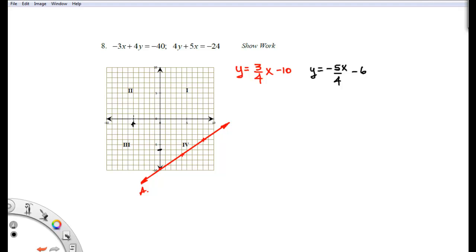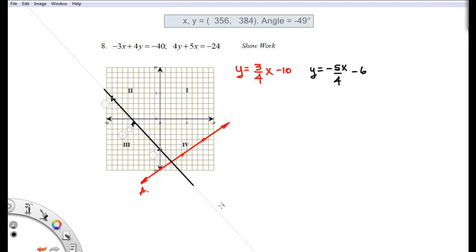Then 1 2 3 4 5, 1 2 3 4. So there's that line. So I'm right there on -6, and then I'm all the way up there on that point.